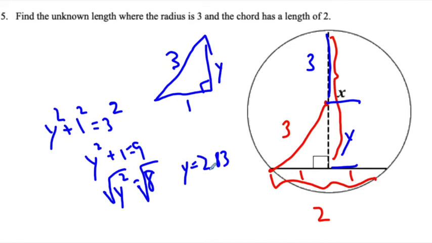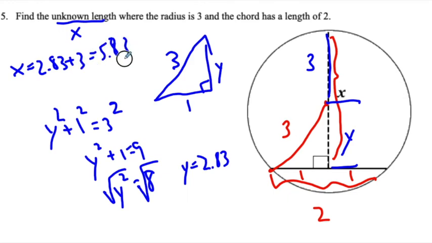This means that the unknown length, our x, is equal to 2.83 plus the radius over here, or 5.83 in the end.